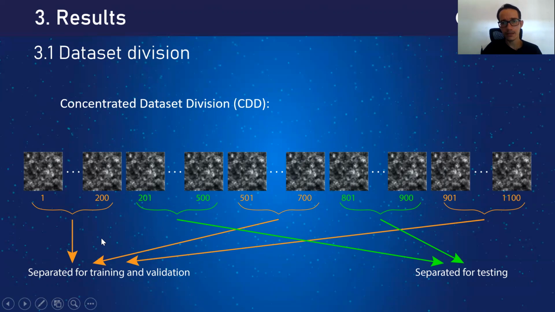From the subset, 400 frames are randomly chosen to form the training subset, while the other 200 frames are used as the validation dataset. And the remaining 500 frames are used as the testing subset.